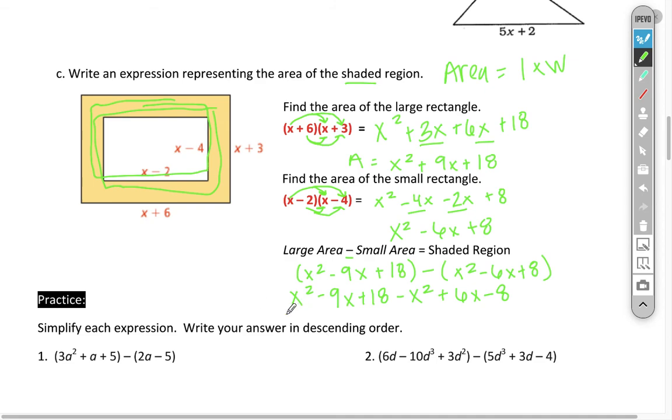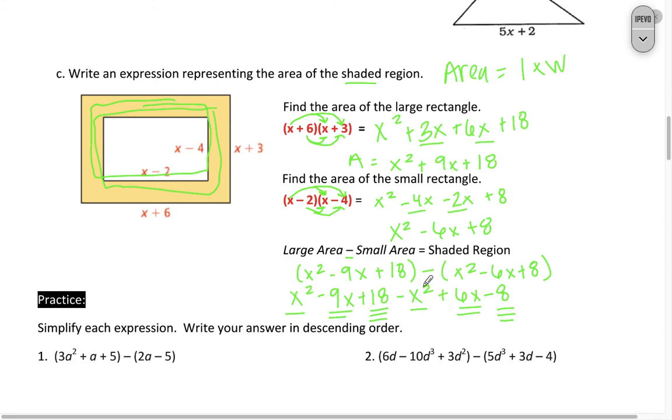So we have x squared and x squared, and now we've got 9x and 6x, and then we have 18 and negative 8. So x squared and negative x squared are going to cancel out and go away.